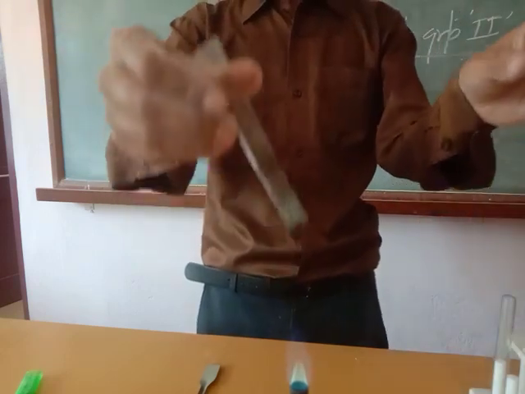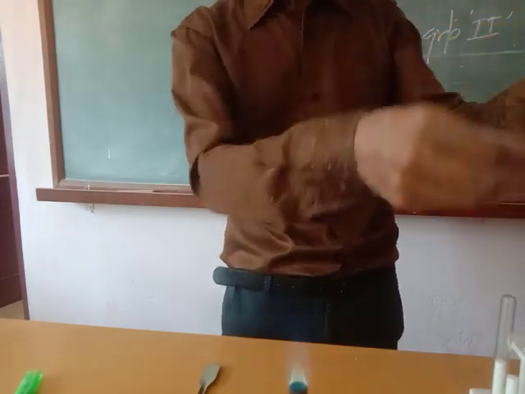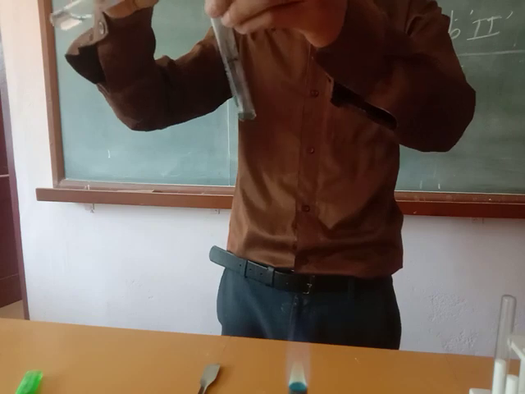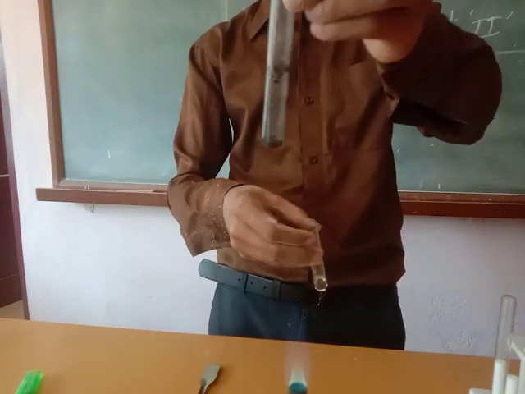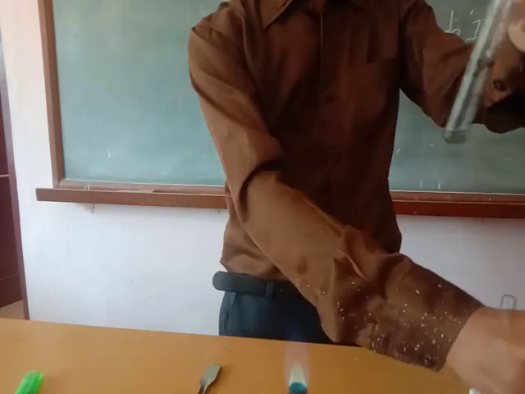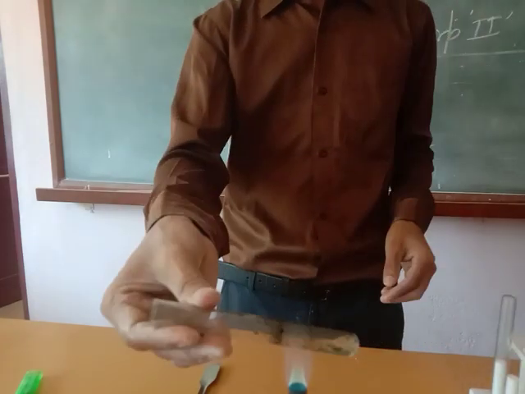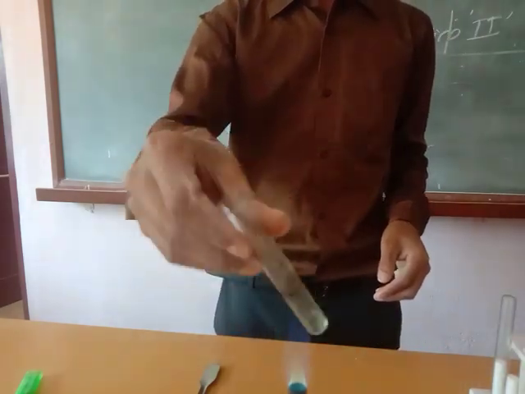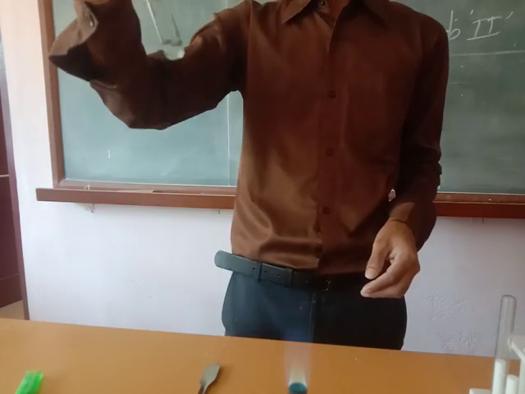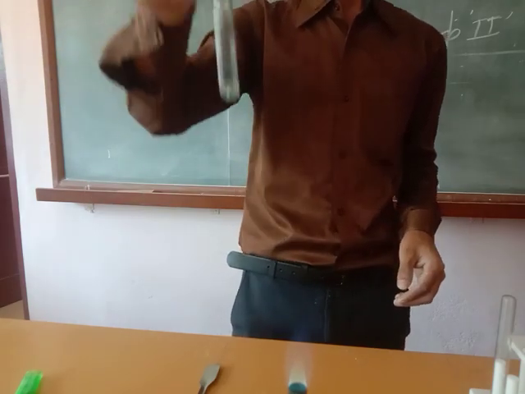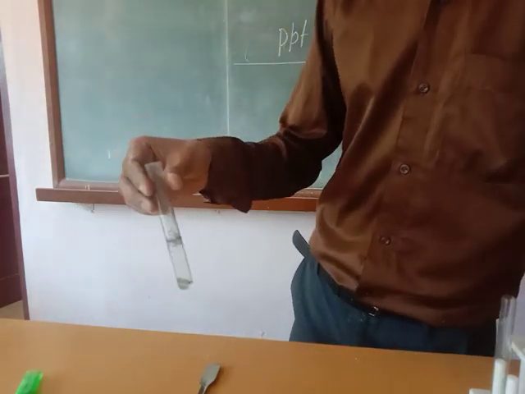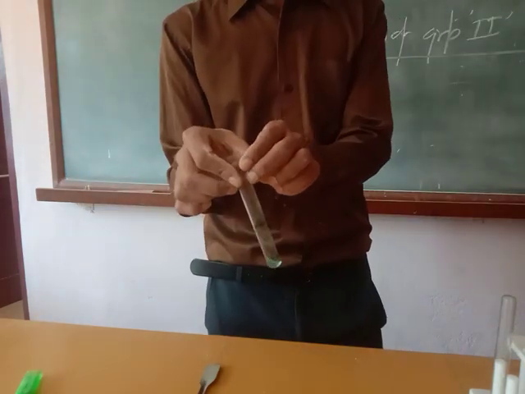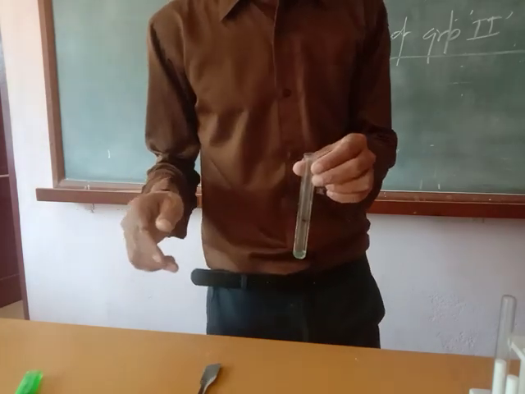The precipitate is not dissolving. Add more. Now it is dissolved. So after boiling, this precipitate is almost dissolved. Now here you put ammonium hydroxide.